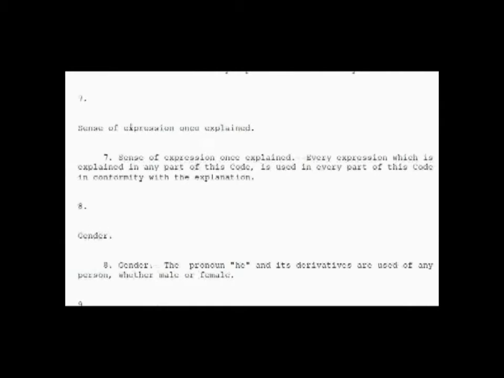In detail, if any child under the age of 7 years commits an offense, it will not be considered an offense, because the general exceptions, according to Section 82, tell us that a child under the age of 7 years commits no offense. Section 7 talks about expressions that, once explained, have the same meaning in every part of this code.